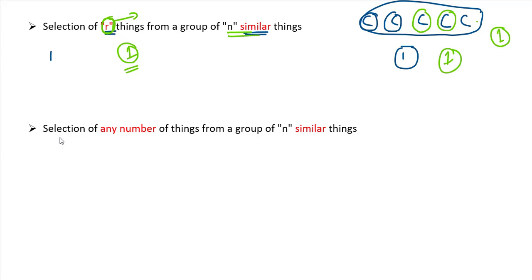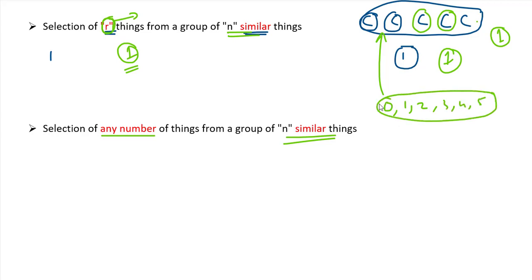Now let's take the fourth case, in which we have to make a selection of any number of things from a group of n similar things. From these 5 chocolates, you have been given the freedom of selecting any number of chocolates. You can select 0 chocolates, you can select 1 chocolate, you can select 2, 3, 4 or all 5.